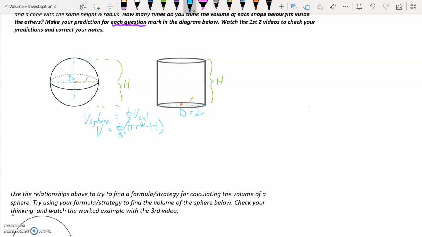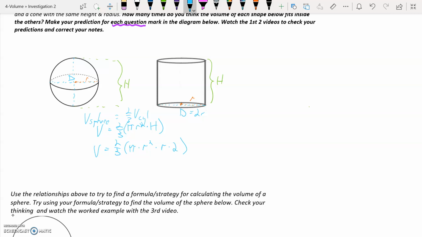So the simplifying part is that all we need for the sphere is the radius, because 2 radiuses makes the diameter, and the diameter is the same thing as the height. I don't have to have these different pieces. I can just lump them all together. So instead of 2/3 times pi times r squared times the diameter, I'm going to write the radius times 2.